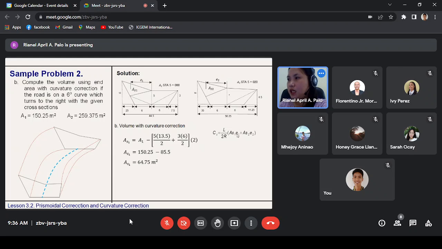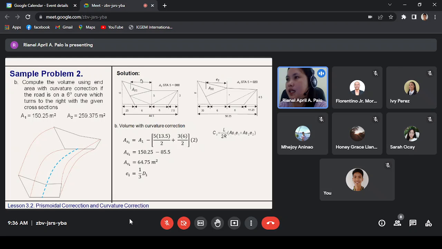Then, for our E1, E1 is one third of our B1. So B1 is this: 25 plus 6 plus 6 plus 7.5, that will give us 44.5. So we substitute 44.5 over 3 to get E1.